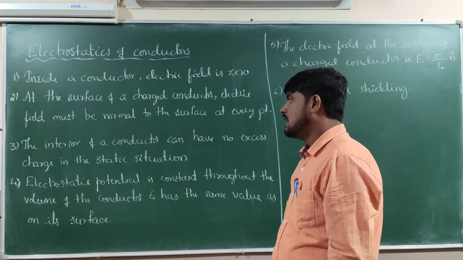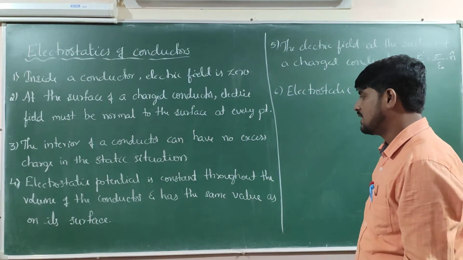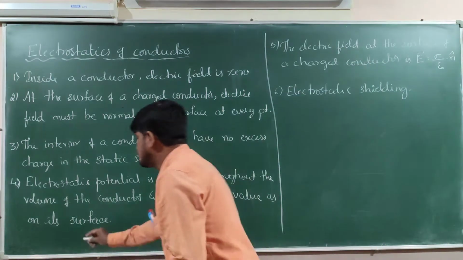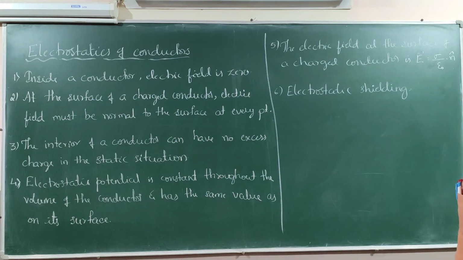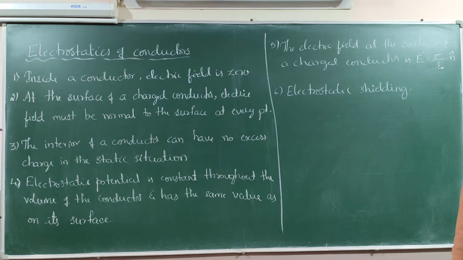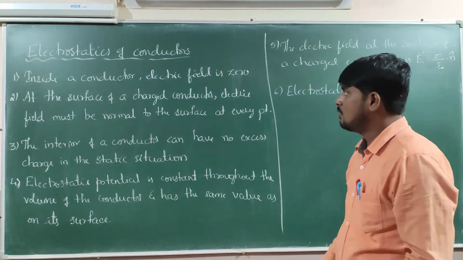And the fourth point, electrostatic potential is constant throughout the volume of the conductor and has the same value as on its surface. Then fifth point says, the electric field at the surface of a charged conductor is vector E equal to sigma by epsilon naught into n cap. And the sixth point says, electrostatic shielding. Let us discuss one by one.